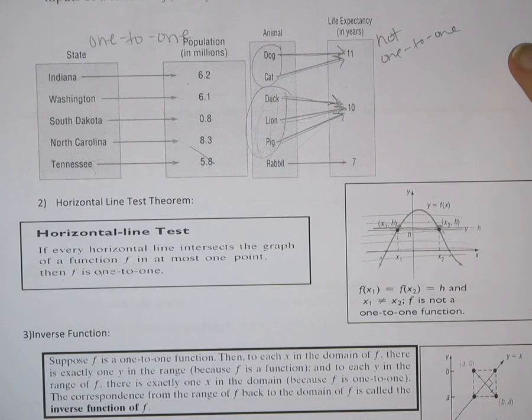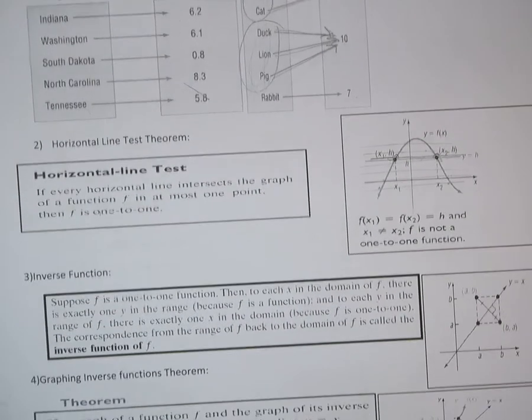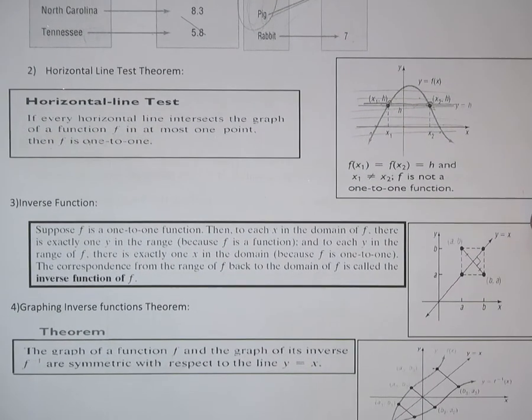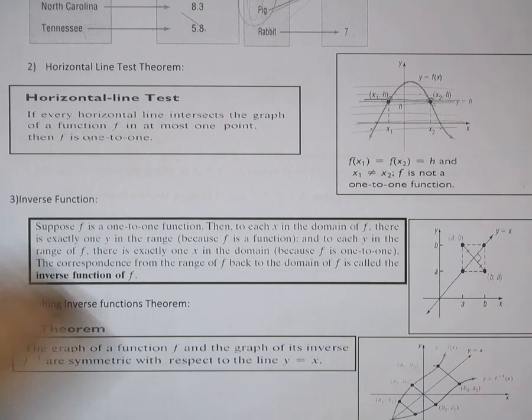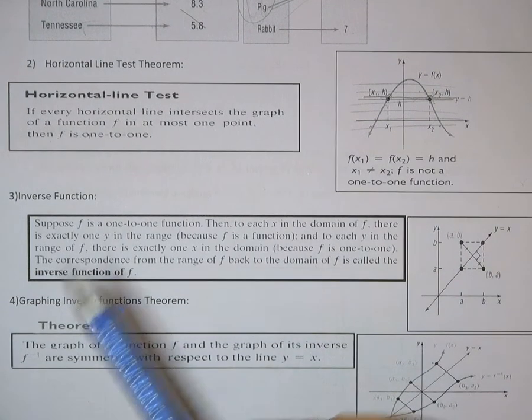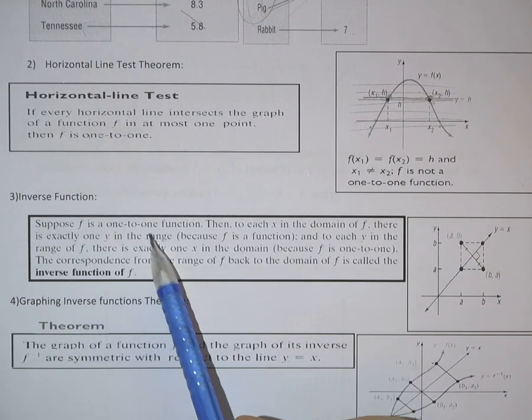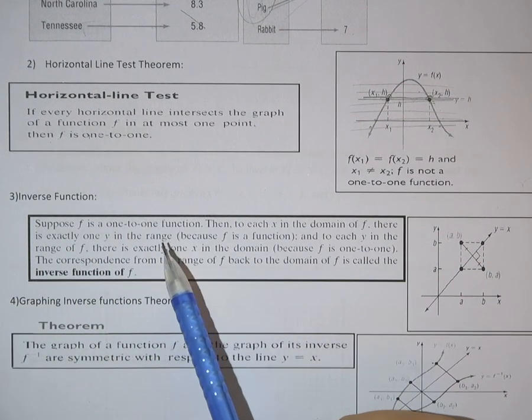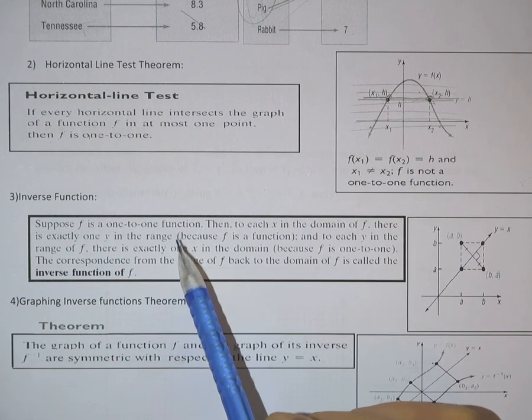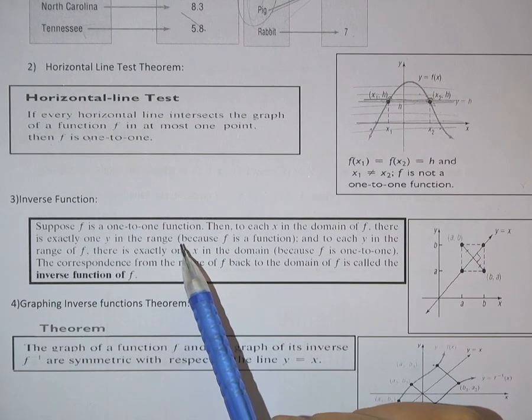Alright, so that's the horizontal line test theorem. Now let's go on to define an inverse function. Okay. So suppose f is a one-to-one function. So we know what that means earlier. That means that every x has only one unique y.